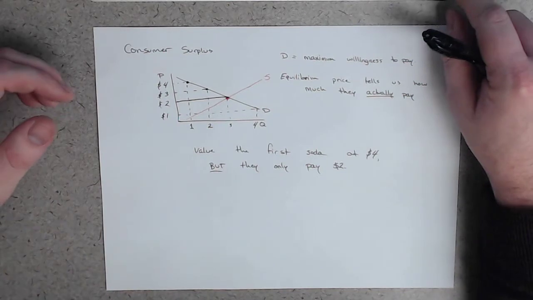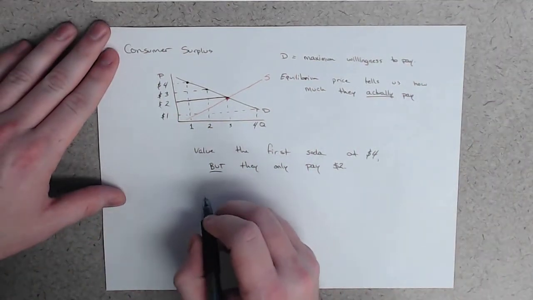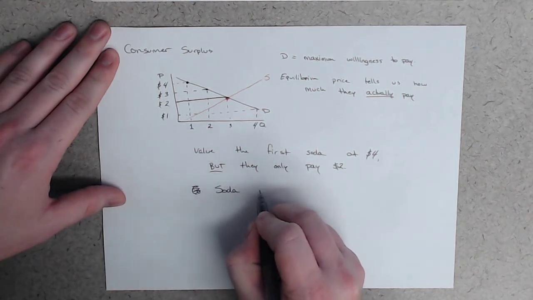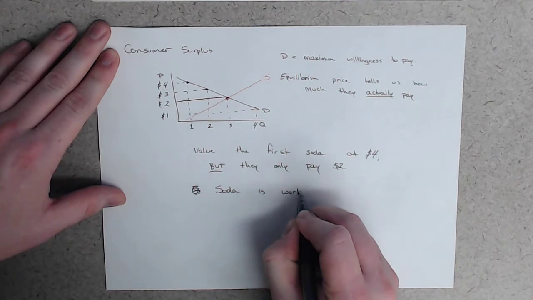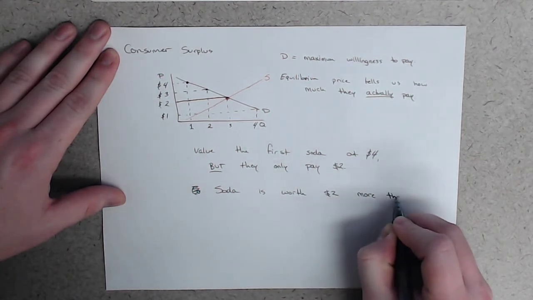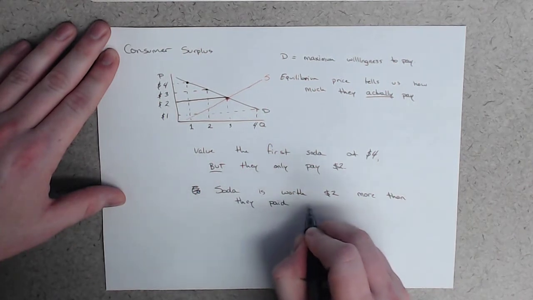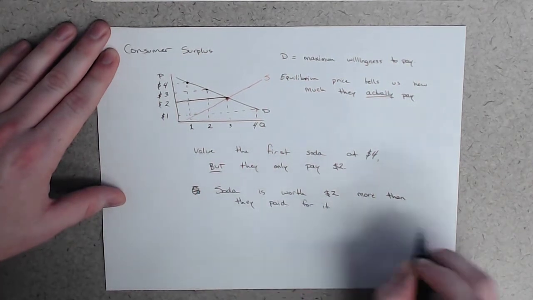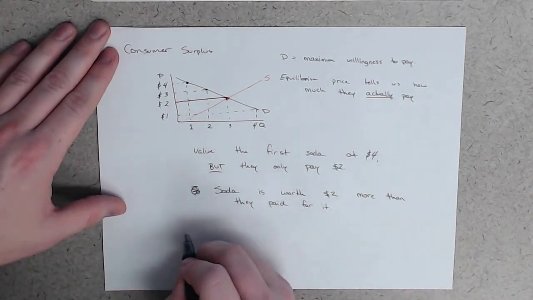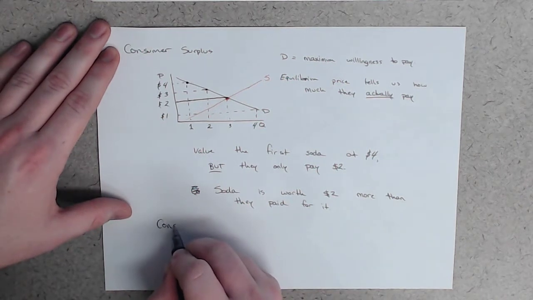And so what we have here is a situation where the consumer surplus, or the soda, is worth $2 more than they paid for it. All right? And so we call this extra worth, right? That extra worth is the consumer surplus.